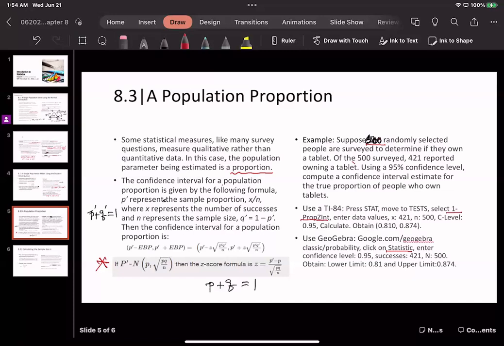We should obtain the lower limit 0.81 and the upper limit 0.874. They are the same as what we got from the TI-84. Give it a try. It's very easy to get the answer by using technology. If you have any questions, post on the discussion board and we'll go over them together again.